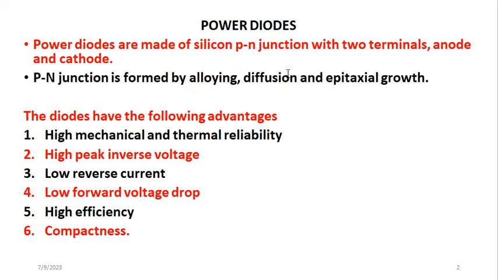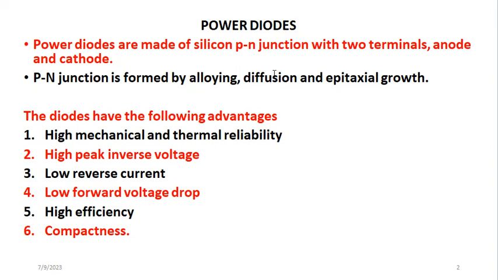Then the diffusion process is a process where, if you have pure silicon, you inject a group 5 element on one side through diffusion. We know diffusion is the transfer of a substance from a region of higher concentration to a region of lower concentration.